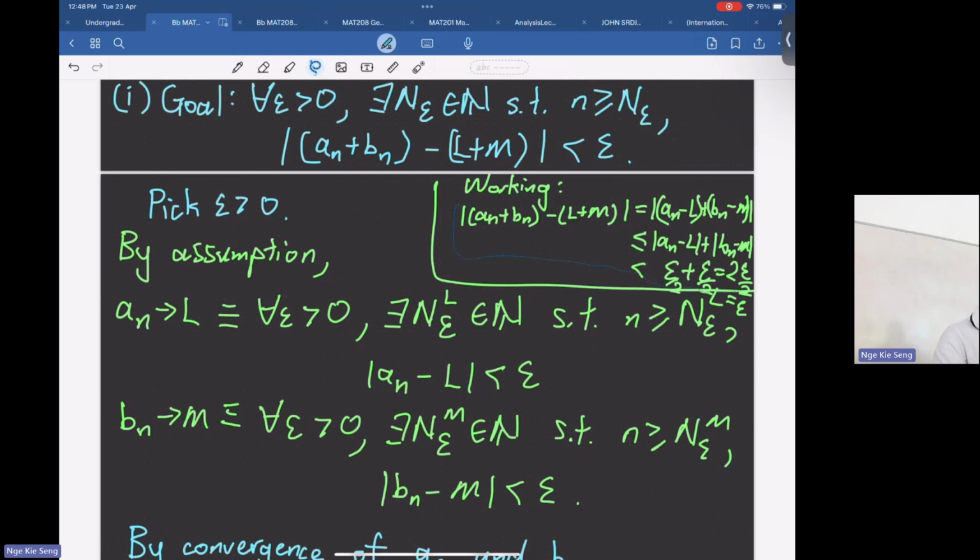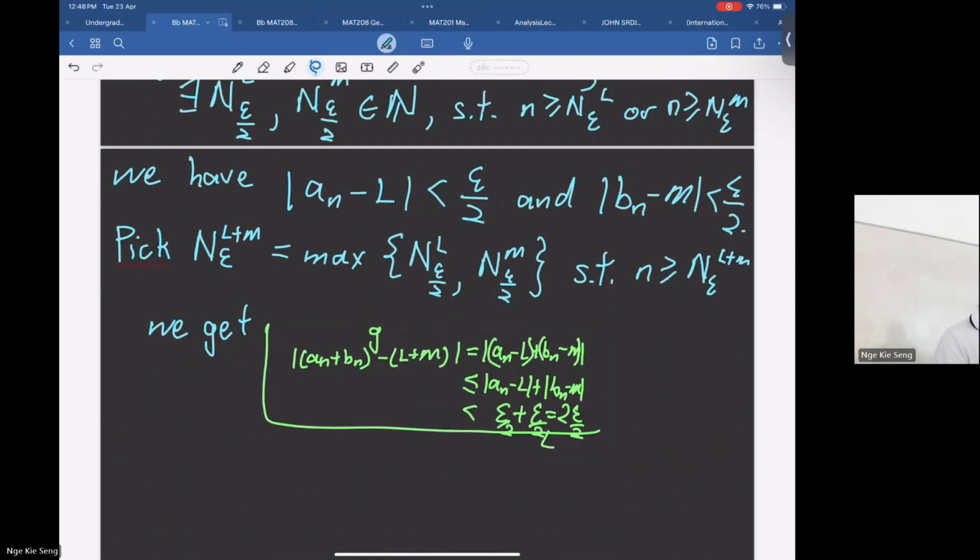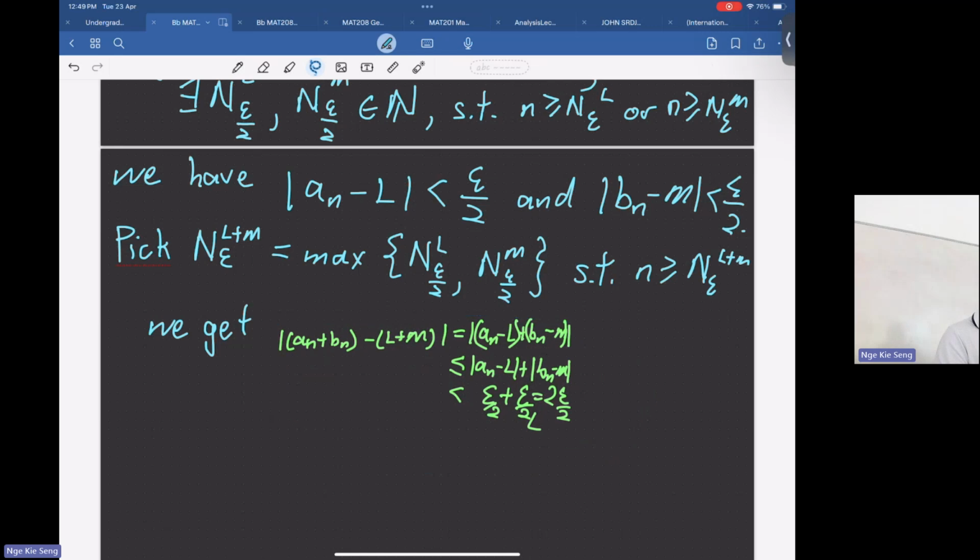So the working here can move down now. So we get this working here. First we use the triangle inequality, and then second we use the convergence of AN and BN.